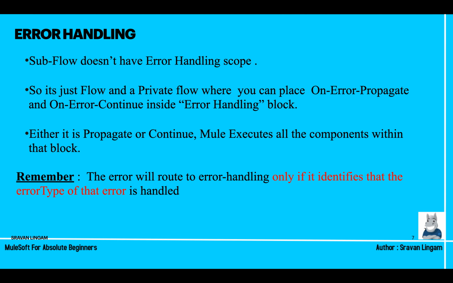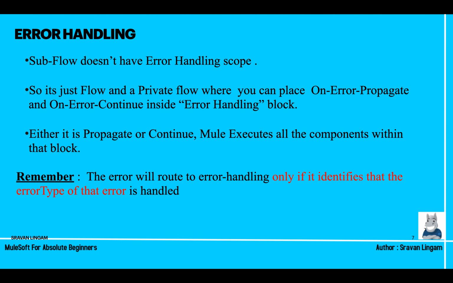Remember, the error will route to the error handling only if it identifies that the error type is handled. If the type of error is not mentioned in your error handler block, then it will go to default error handling.